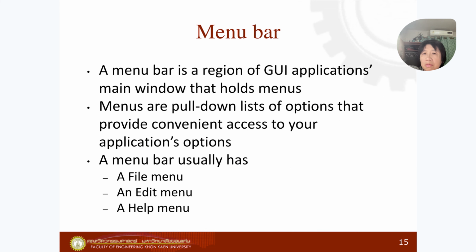Okay, so now let's learn about the menu bar. The menu bar is a region of a GUI application's main window that holds menus. Menus are pull-down lists of options that provide convenient access to your application's options. A menu bar usually has a file menu, an edit menu, and a help menu.